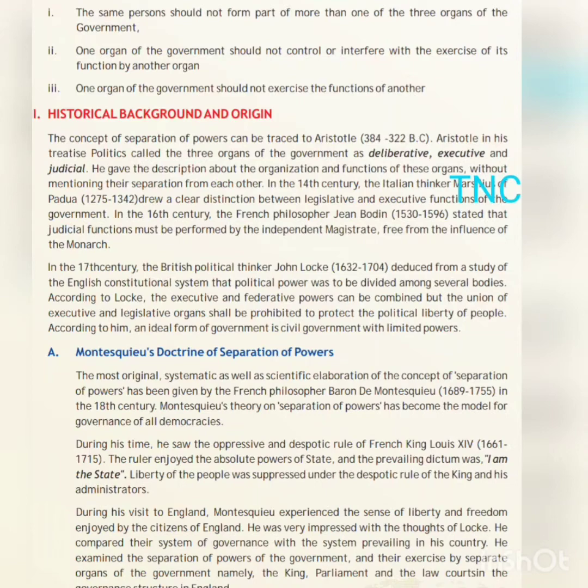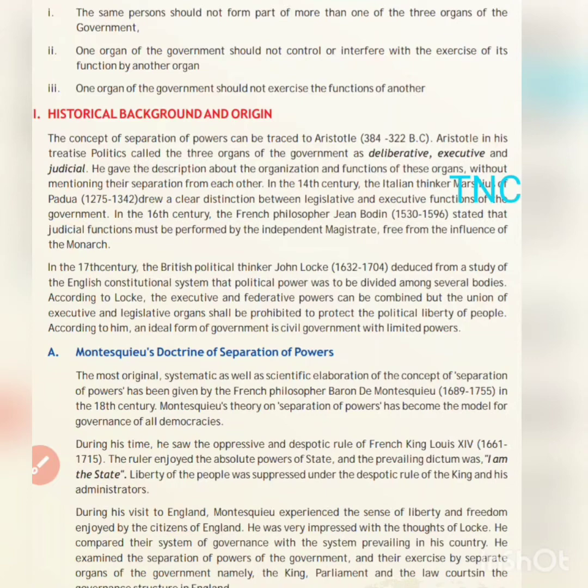So what does Locke say? That executive and federative powers can be combined, but executive and legislative organs cannot be combined.